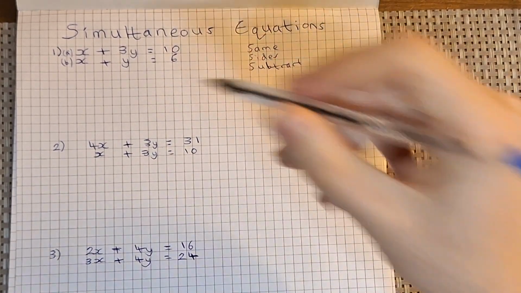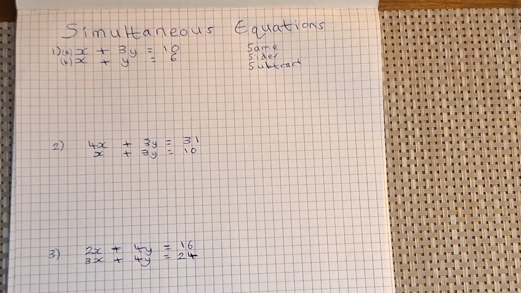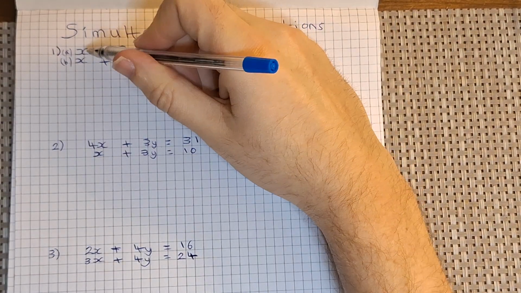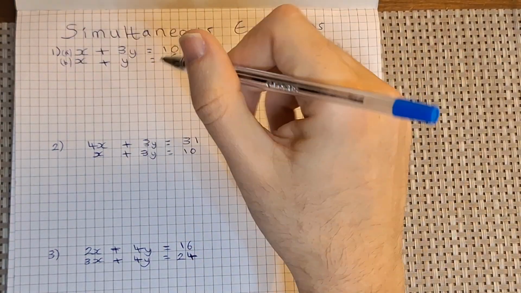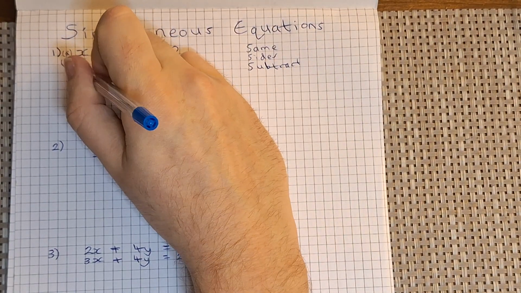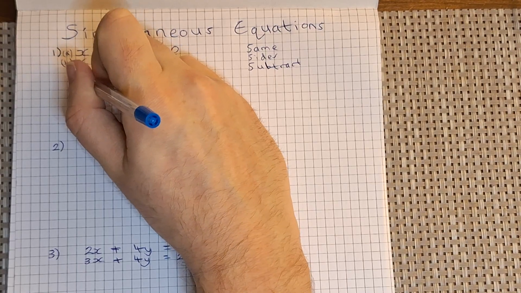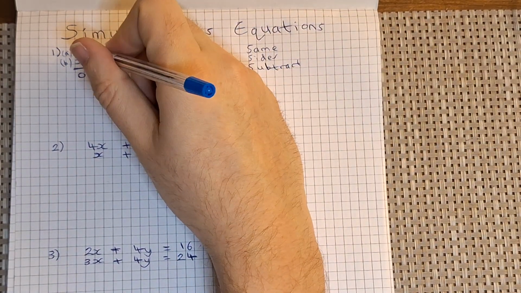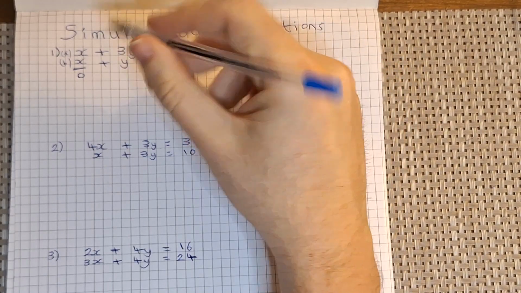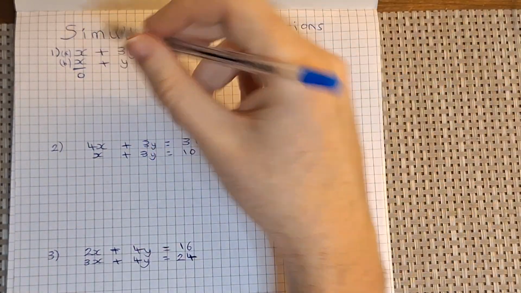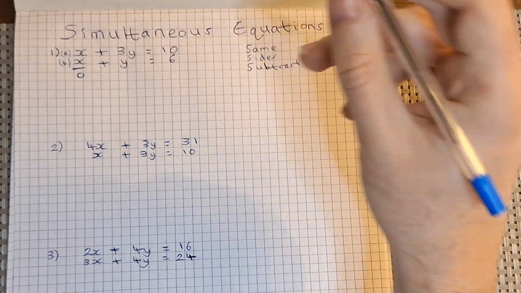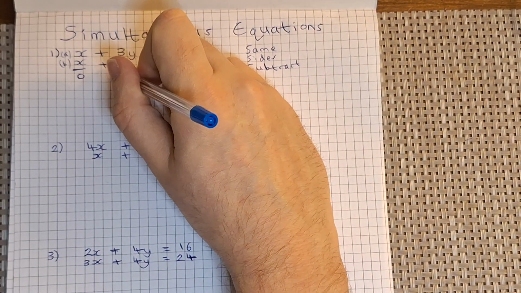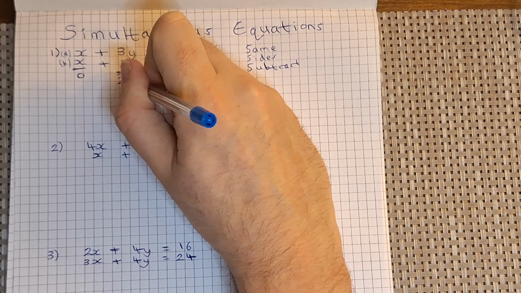We have a positive x and a positive x, so I'm simply going to do x take away x, which equals 0. That cancels out the x's. Then I'm going to do 3y take away y, which equals 2y.